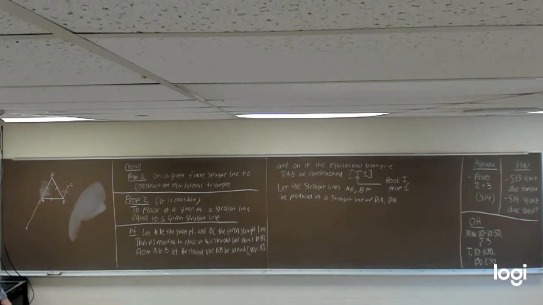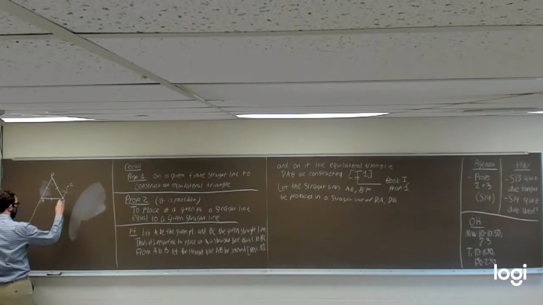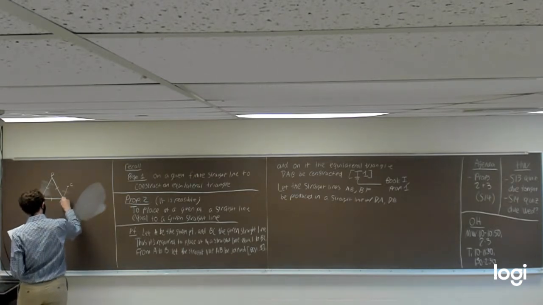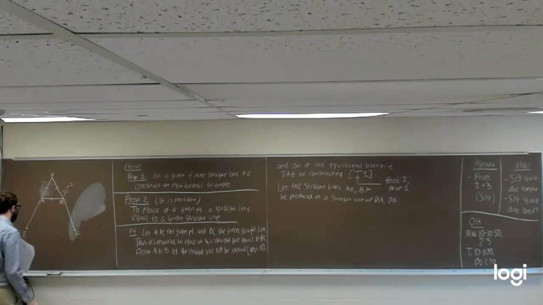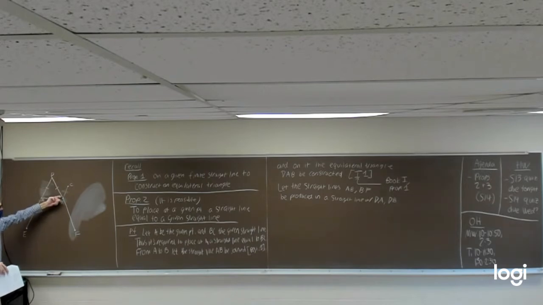Eventually we'll have a point down here, call this one E, and we'll take this line here and make that F. So we're taking the lines from D to A and from D to B and extending them onwards, producing them in a straight line with DA and DB, meaning just extend them in a continuous way.